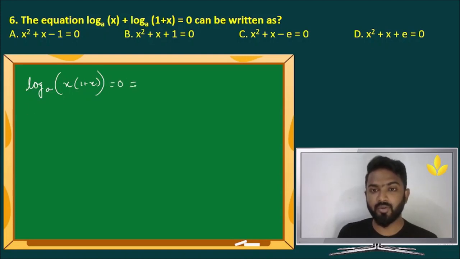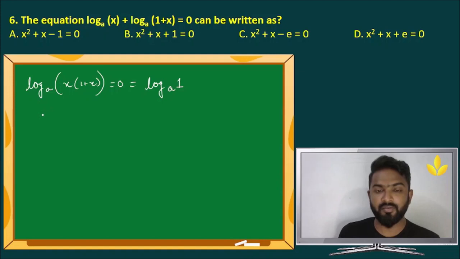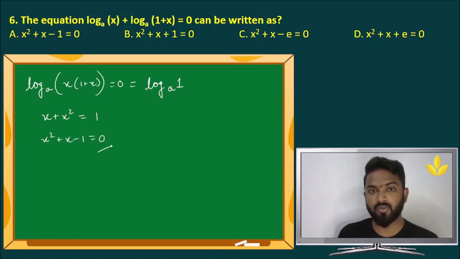And 0 is nothing but log base a of 1. It's the same thing. 0 is nothing but this. So log base a we can cancel, and then we get x plus x square equals 1. So we have x square plus x minus 1 equals 0. Answer is A.